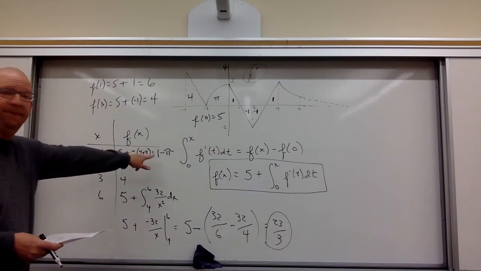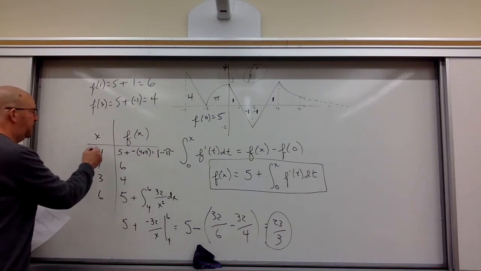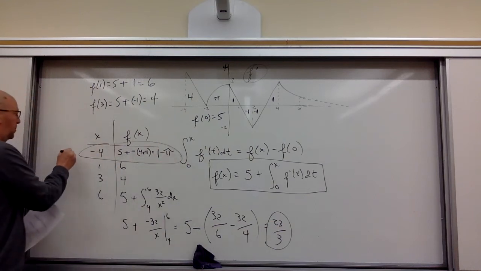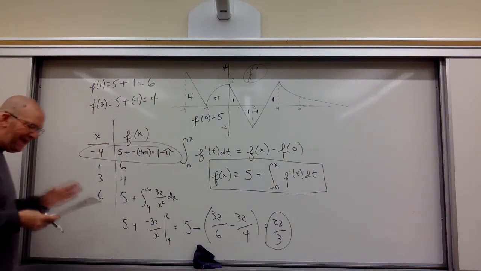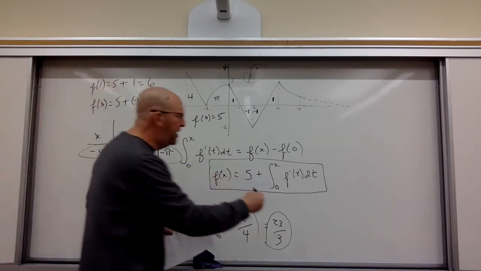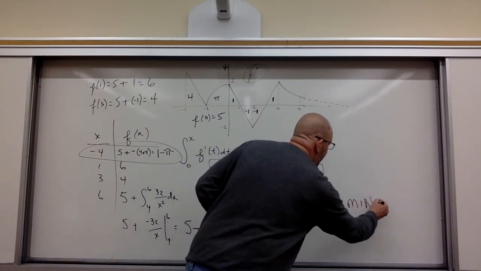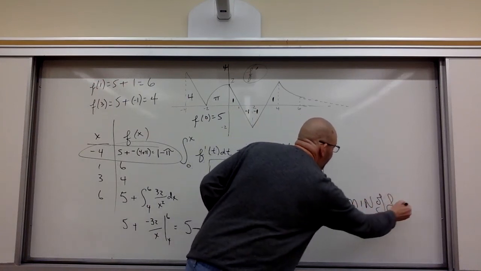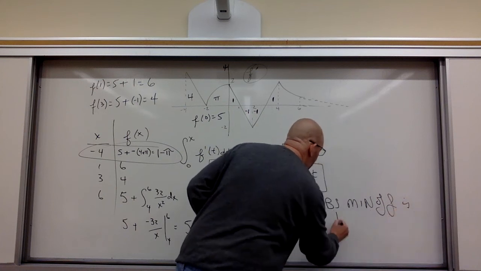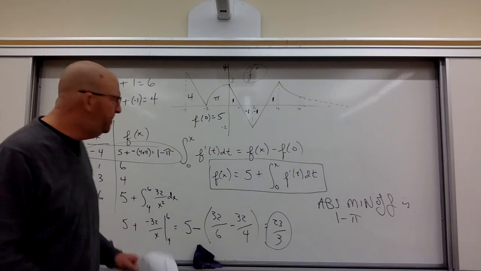Now, question. Absolute max, absolute min. Well, I'm looking at my absolute min right there of 1 minus pi. So here's your absolute min, 1 minus pi, and it says find the absolute minimum values of f. So let's see, can I go over here? Absolute min of f is 1 minus pi. How about the absolute max?